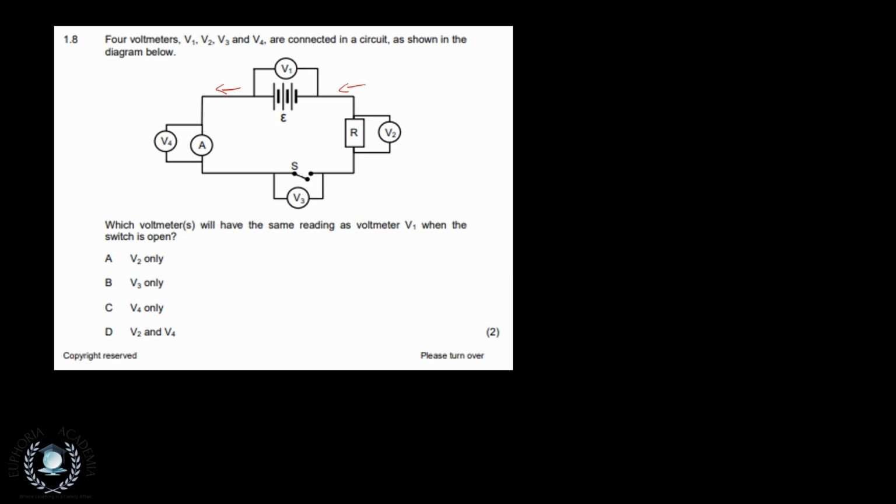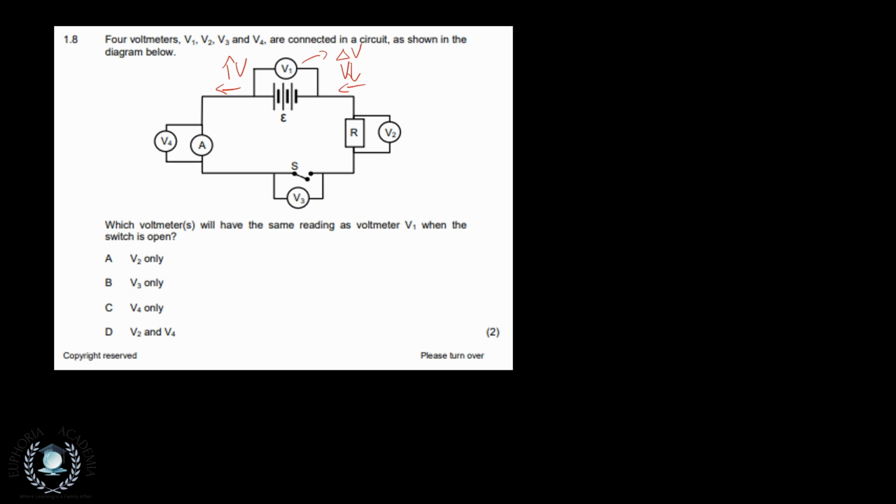So this V1 measures the voltage change, or the potential difference, across the whole circuit. There will be a difference here. Here we'll probably have a higher potential, and here we'll have a lower potential, probably the lowest. So V1 is measuring the difference between these voltages.